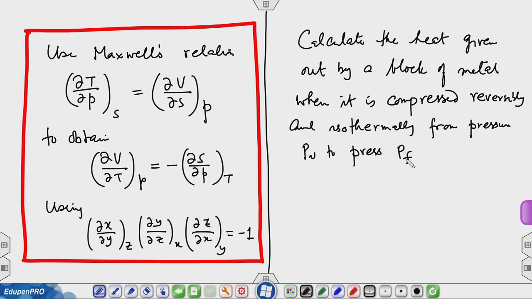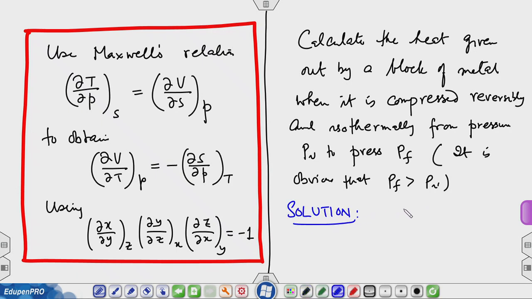Since it's being compressed, it is obvious that Pf is larger than Pi. So, for a reversible process, we have dq equals T dS. And what we are doing right now is keeping T constant and changing P.